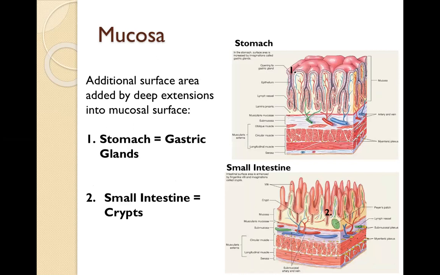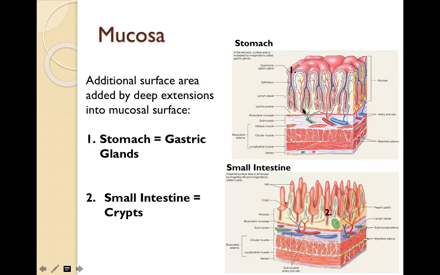Additionally, within the mucosa in the stomach, there are things called gastric glands. A gastric gland is really just one of these deep, I don't want to call them crypts, but these deep valleys. These are the gastric glands, and they go deep within the mucosal surface.